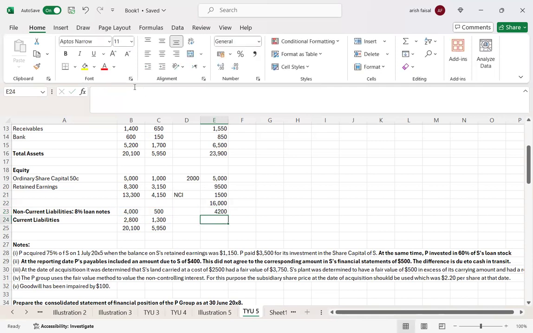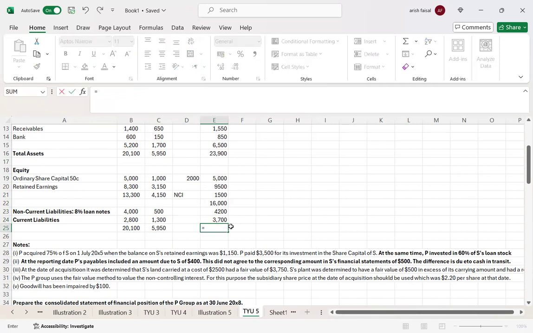So we need to remove that. So this gives me 4,200 over there. And for the current liabilities, you just have to add both of them. But yes, we did have a payable within the group that was 400, which the parent was saying that we owe to the subsidiary company, so we need to remove that. And this will give you the total current liabilities at 3,700.